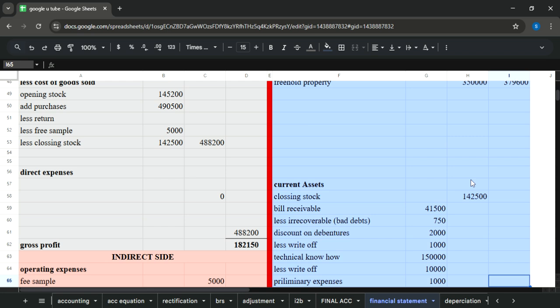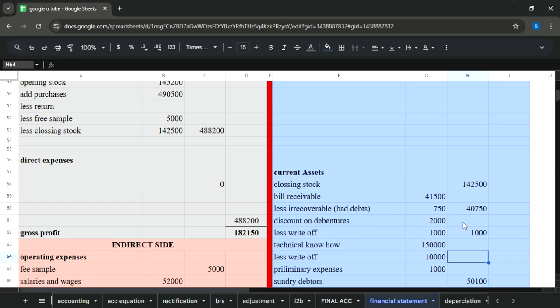All right, then let's see what adjustments are needed in current asset side. Bill receivable, less irrecoverable, discount on debenture has no adjustment, write it outside. Now we have total amount of discount on debenture less its write-off amount we have written outside.